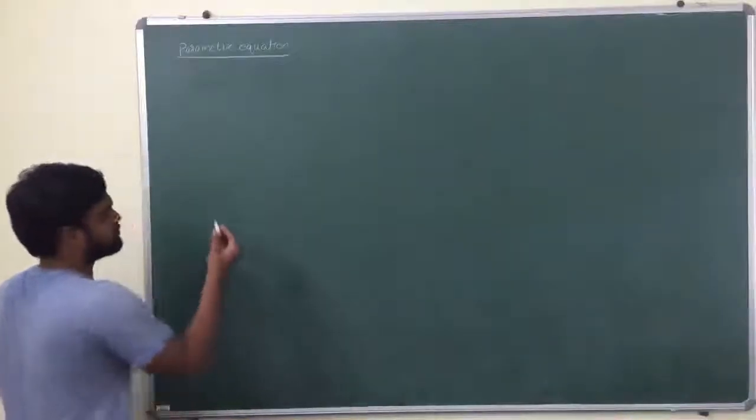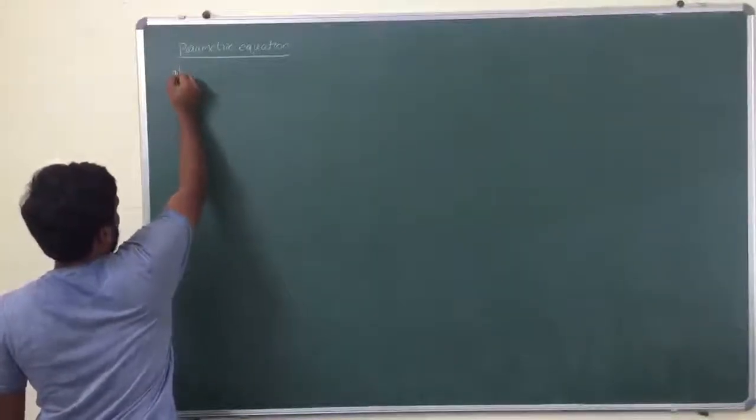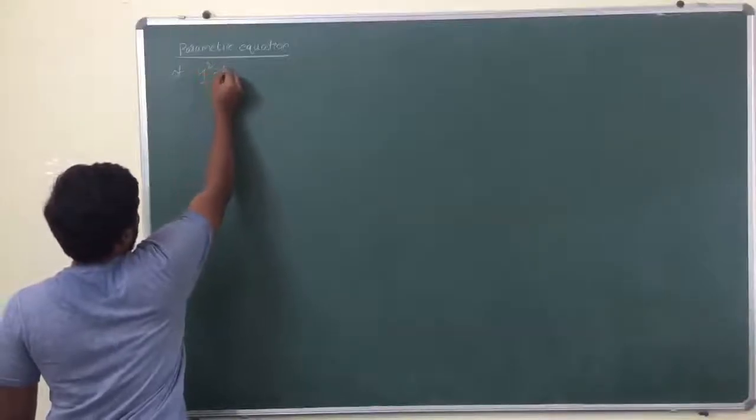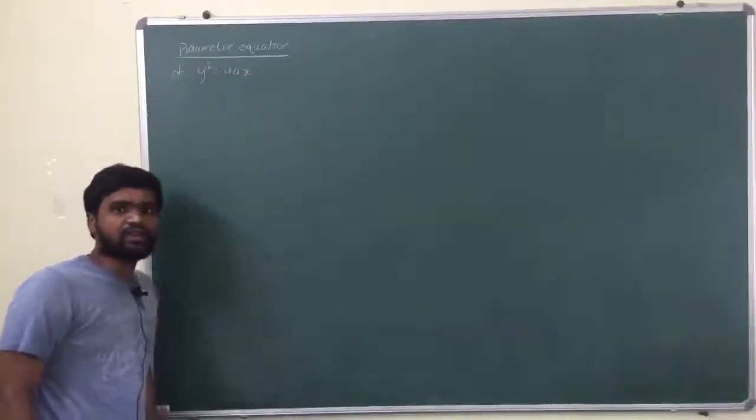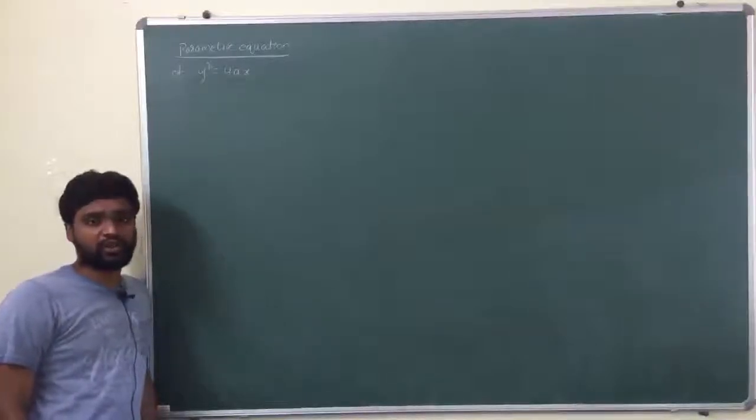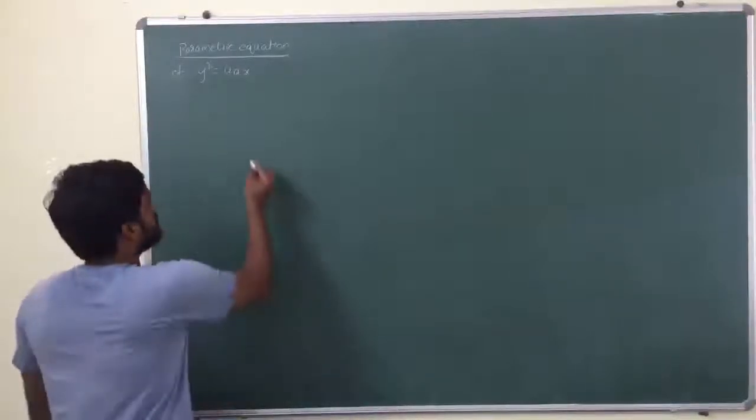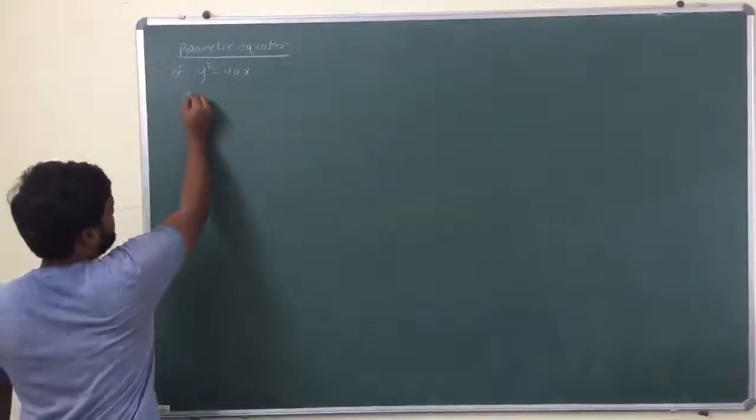Now, coming to this parametric equation, first we'll see for parabola, y square is equal to 4ax, the standard equation of parabola. For this, the parameter we are going to consider is t.